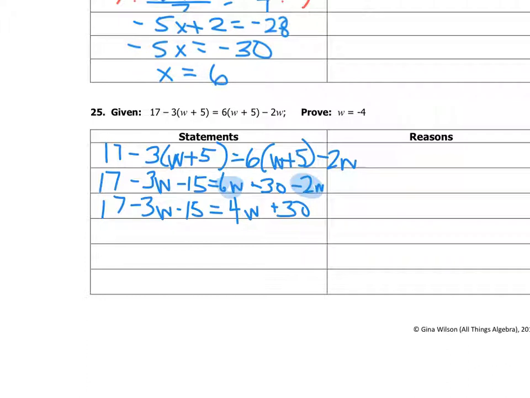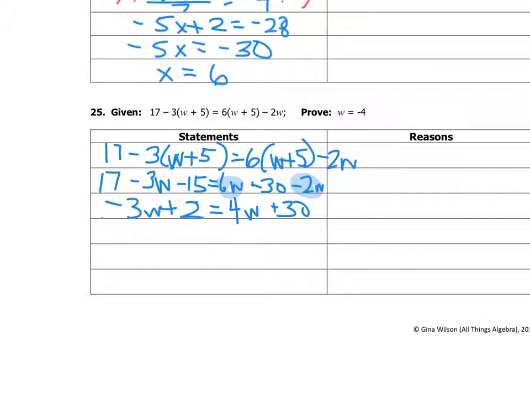And actually, I'm going to go back one step. I'm going to simplify my like terms here as well. So this side should read this. I'm going to do it all in the same step. So it's going to be negative 3w plus 2.